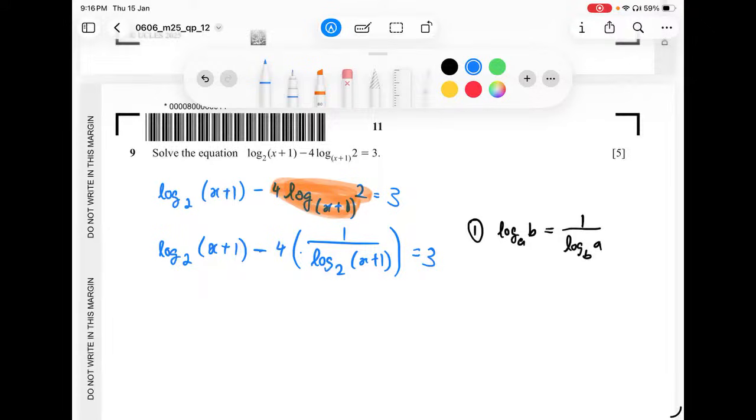Your first ideology when you see any logarithm question is you need to make it the same base to evaluate it easily. So that's what we did. We made it the same base, base 2. And then when you expand, this should be log_2(x+1) minus 4 over log_2(x+1) equals 3.